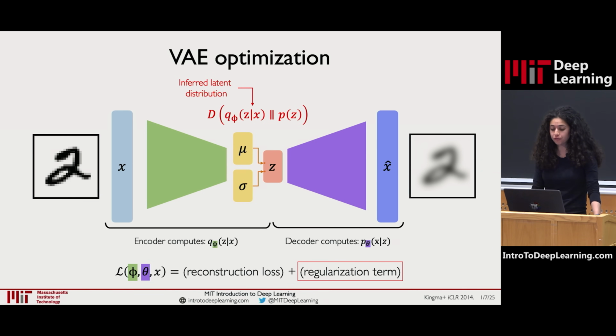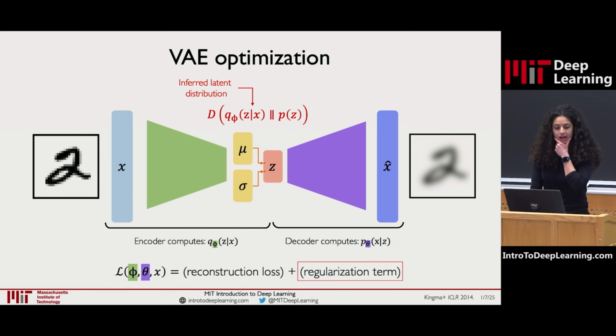This helps us infer and enforce latent variables that follow this prior. And so when we introduce this regularization term, we need a way to compute a sense of distance between the distribution of those latent variables and our prior about what that probability distribution should look like.